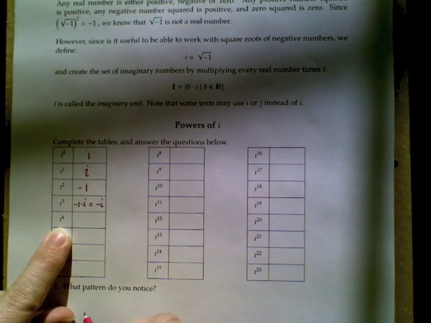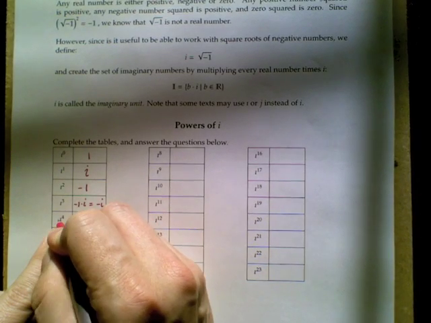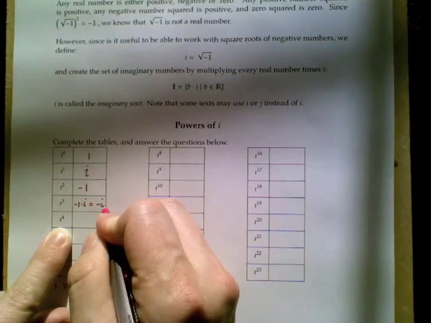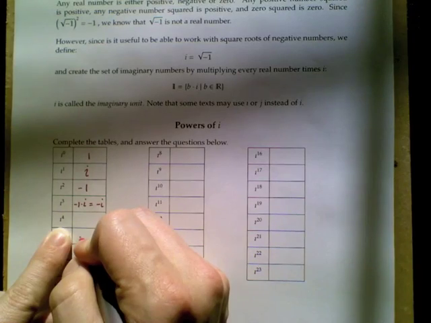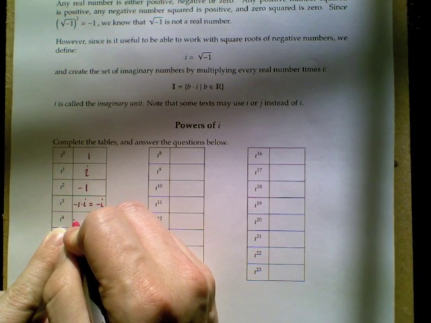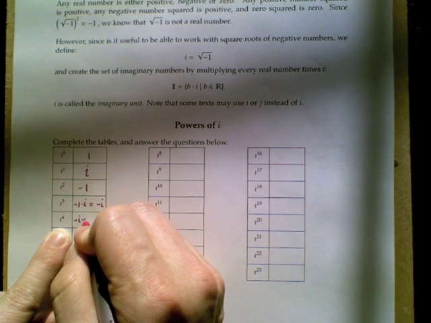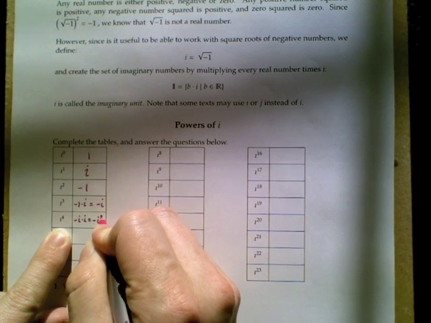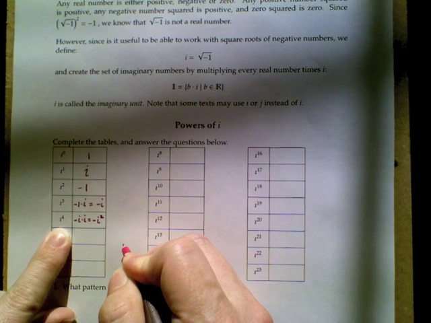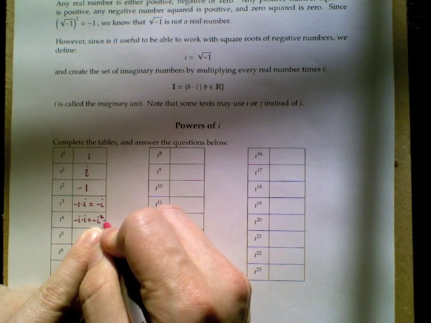And then i to the 4th. I look back at my previous row. i cubed was -i, and then I can multiply by another i to get i to the 4th. -i times i, well, that's -i squared. And I'm out of room in my table, but i squared is -1.